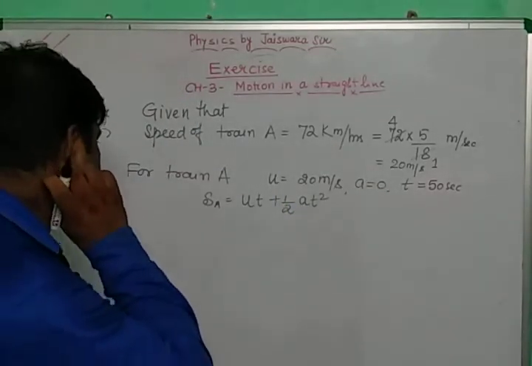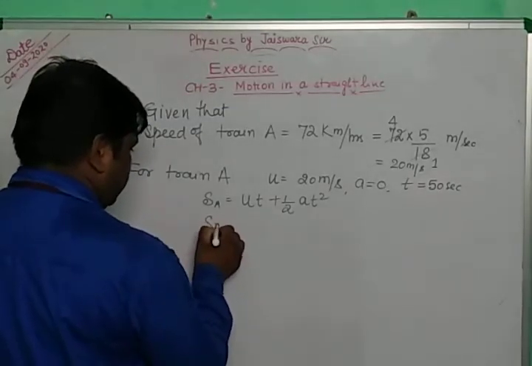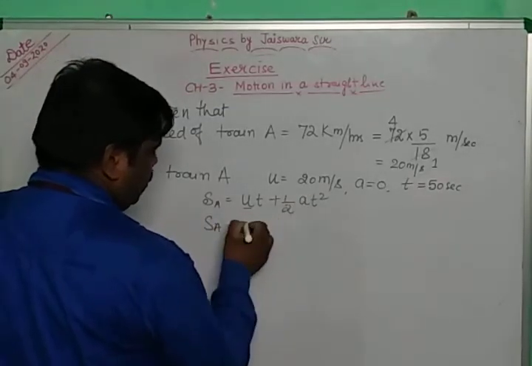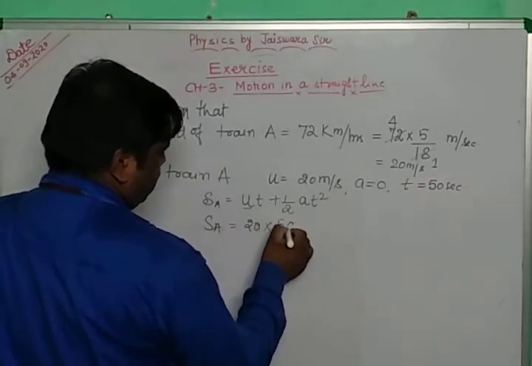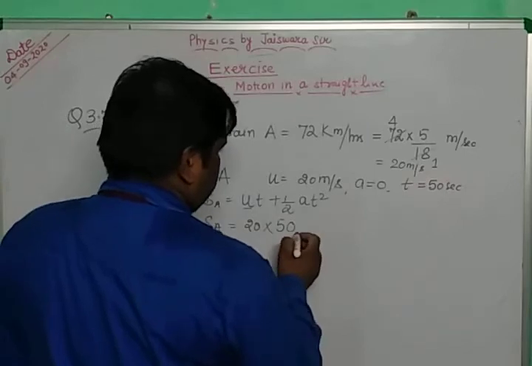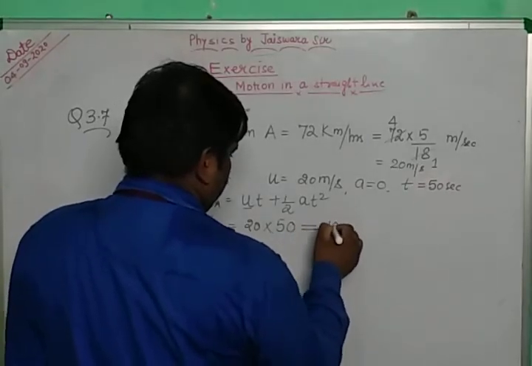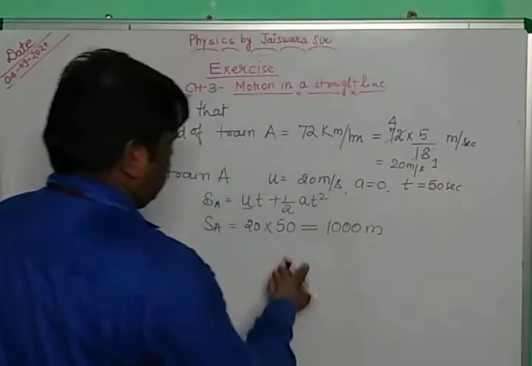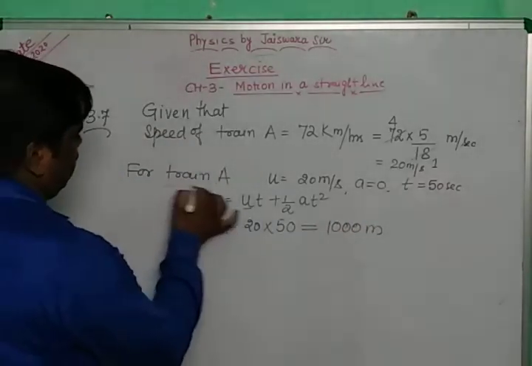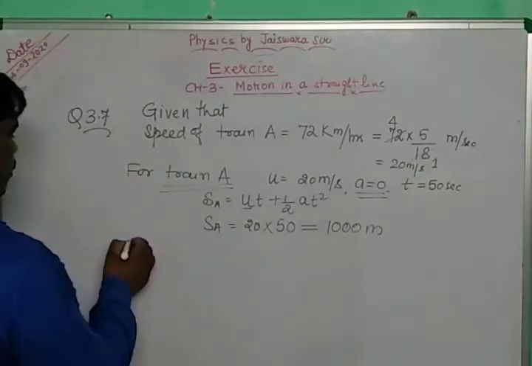Here S of A will be equal to 20 times 50, so it will be equal to 1000 meter. This is the displacement for train A having acceleration 0.